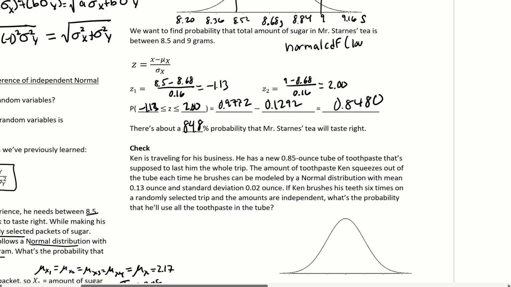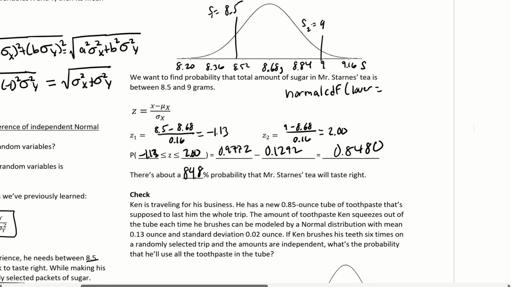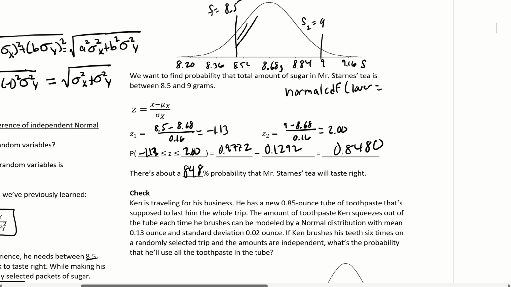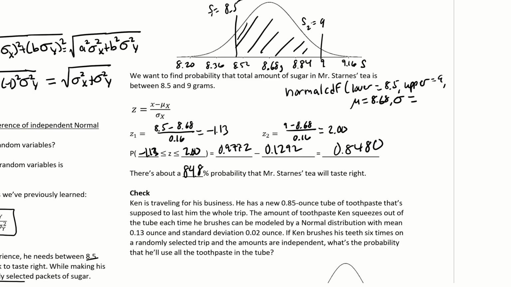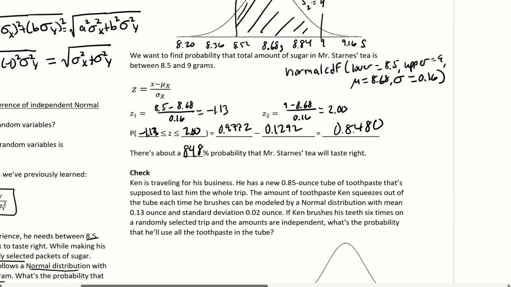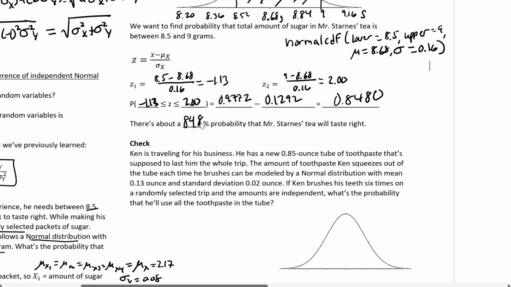We get the lower equals 8.5 because we're doing between, I forgot to shade this. 8.5, upper equals 9. The mean is 8.68, and then the standard deviation is 0.16. Okay, and you do that on the calculator, and you should get a similar result.